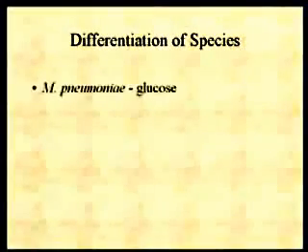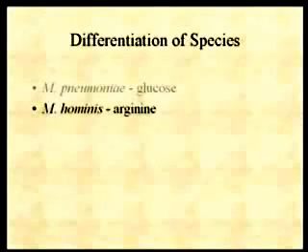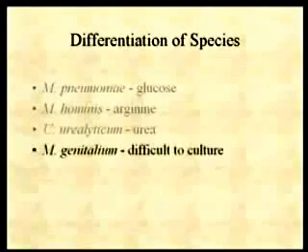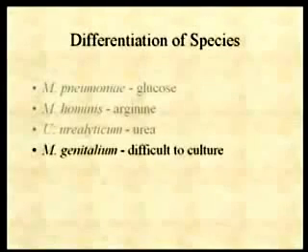Okay, now it is possible to differentiate the species in the lab based on differences in their ability to grow on different carbon sources. So M. pneumoniae will grow on glucose as a carbon source. M. hominis can use arginine as a carbon source. Ureaplasma, obviously where the name comes from, can grow on urea. And M. genitalium can be cultured, but it's really difficult to culture this organism, and so it's basically not done.